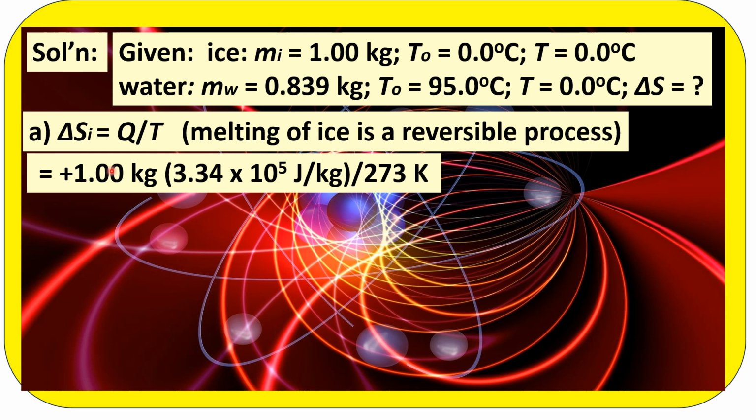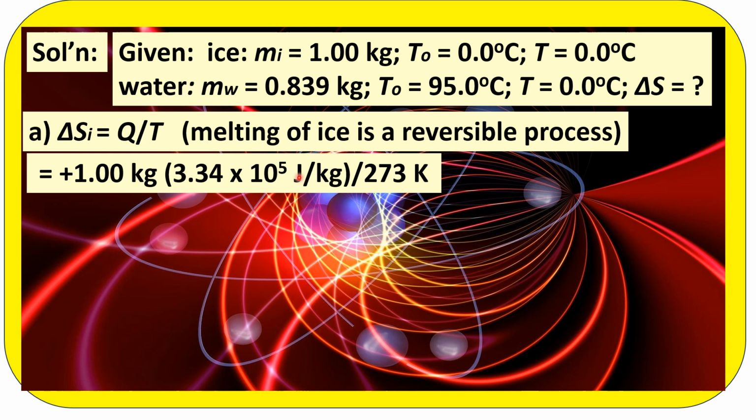And since heat Q is into the system, meaning it is being absorbed by the substance, ice, we denote that Q with a positive sign. So if you are going to divide that by the constant absolute temperature equal to 273 Kelvin, the whole thing will be the change in entropy for ice.